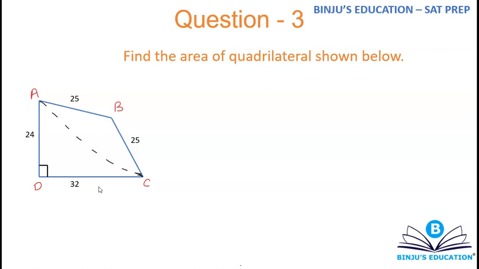Now I can use the Pythagoras theorem and say that AC square is equal to AD square plus CD square, so AC square is equal to 24 square plus 32 square. 24 square is 576, and 32 square is going to be 1024.